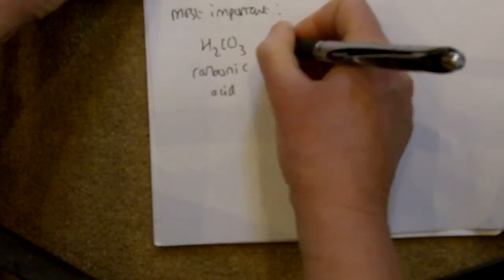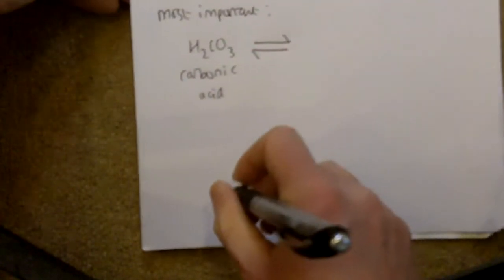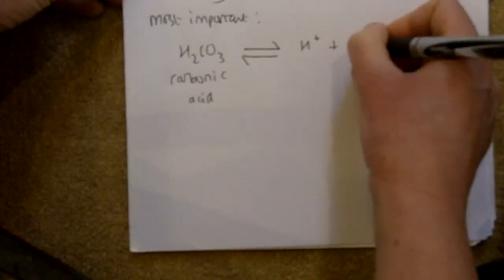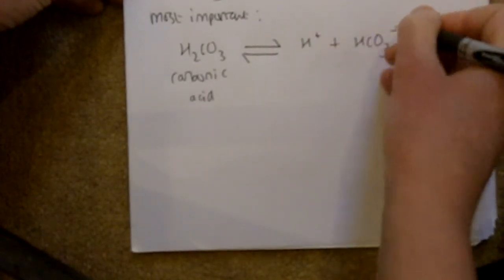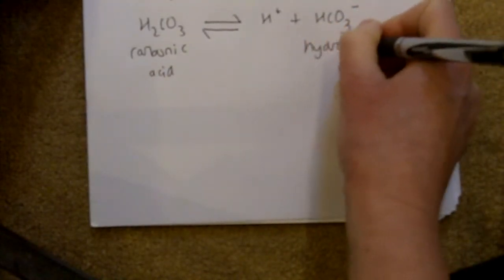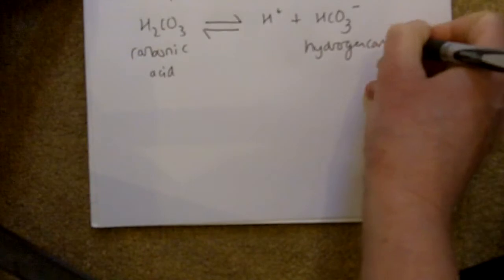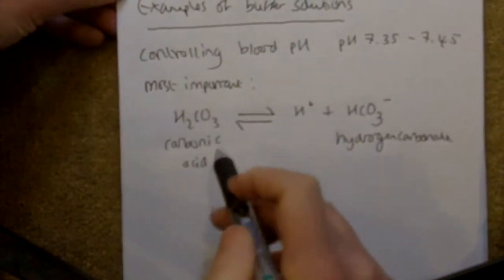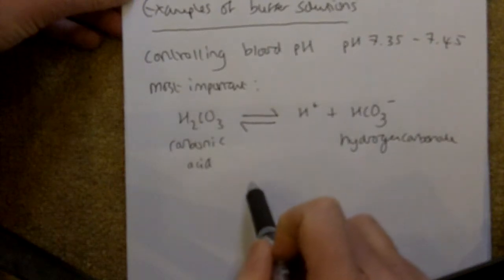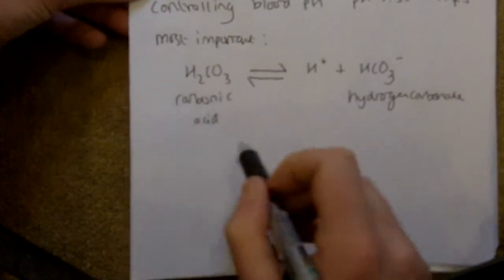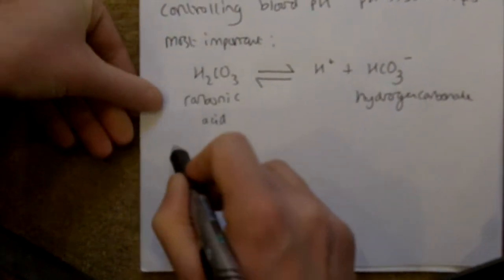Carbonic acid is a weak acid, and it will form the hydrogen carbonate ion. So this is a buffer system that controls the pH of blood, and it works exactly the same as what we mentioned before.